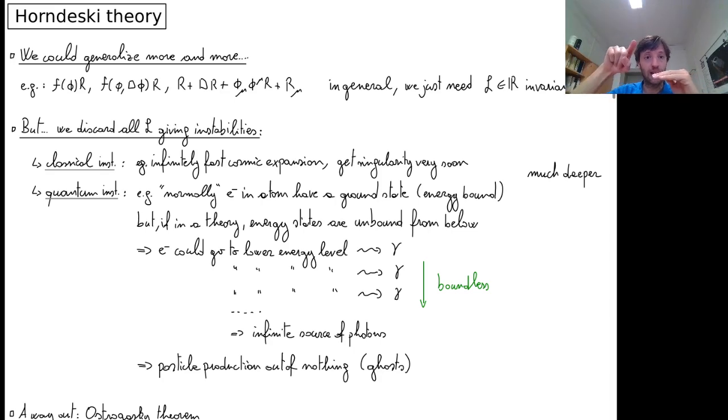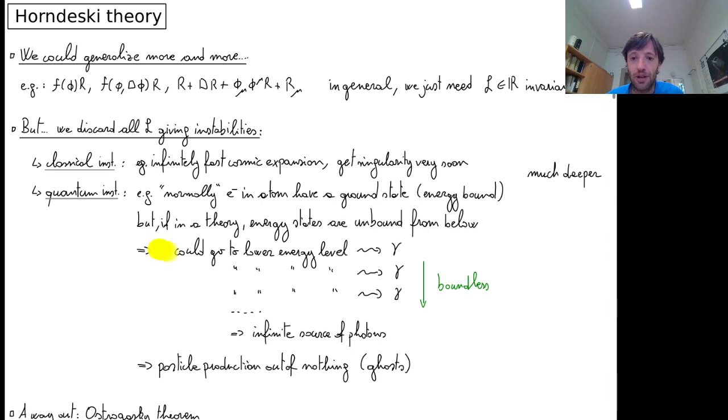Okay, so they decay to lower energy levels, they emit a photon, emit a photon, emit a photon, and boom, they arrive at the ground level. And they cannot emit any more photons. So you see there is a bottom line in the energy level. So there is an energy bound, a lower energy bound, in the theory that is describing basically these sort of quantum transitions. But if you have a theory in which there is not such a bottom floor for your energy level, then what would happen?